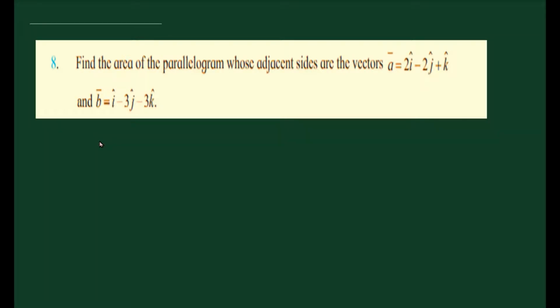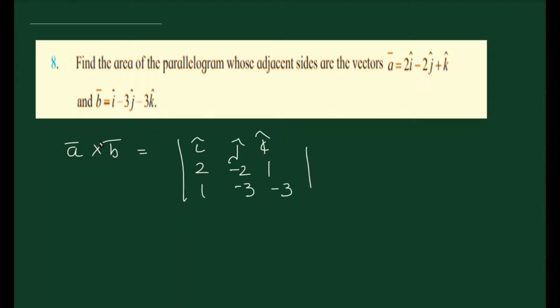So in the next sum, find the area of the parallelogram whose adjacent sides are the vectors A bar is equal to 2i minus 2j plus k and B bar is equal to i minus 3j minus 3k. So here we first find out what is A cross B by writing the determinant, that is i j k.